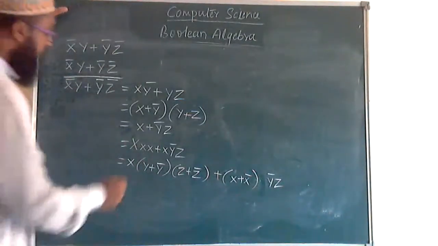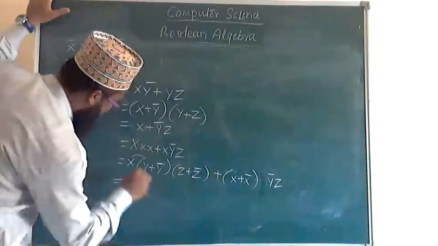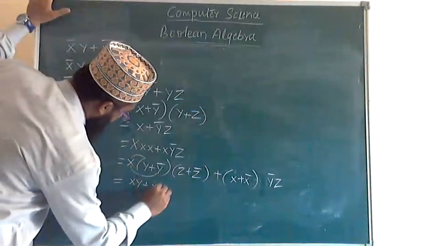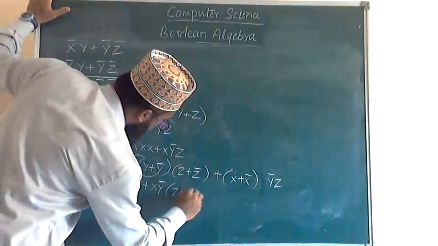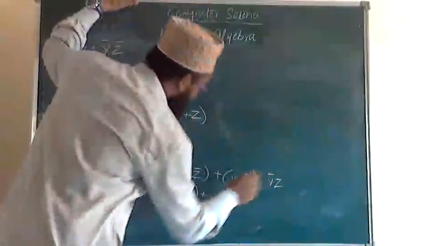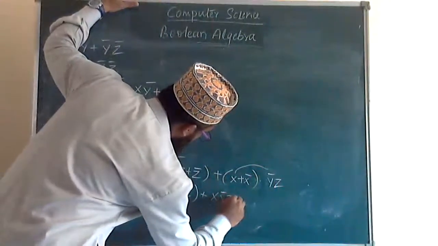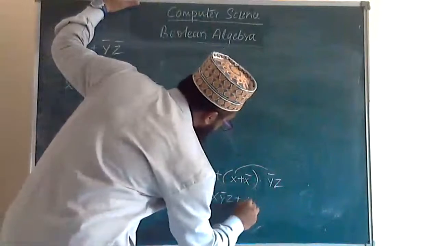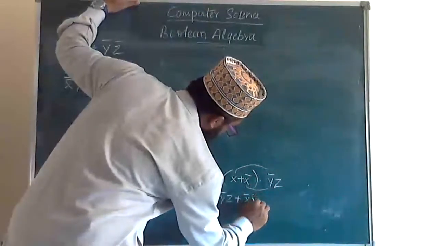Yes. Now we need to expand. First x into what? X into y plus this one, x into y bar. Then write down as it is z plus z bar, plus we have to multiply this: x into y bar z plus x bar into y bar z.